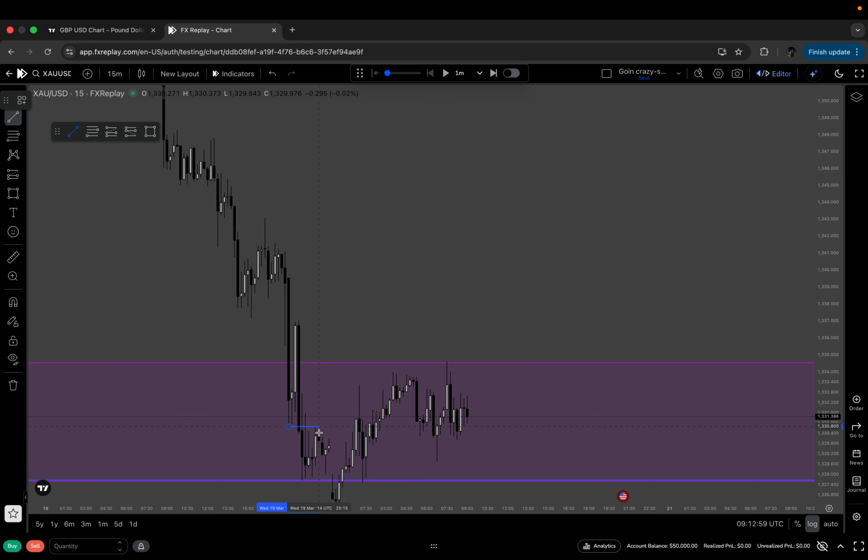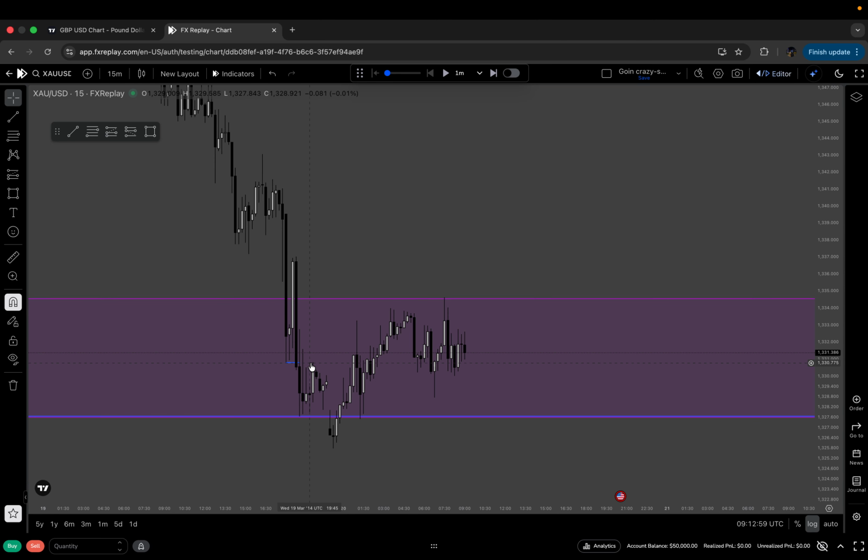And yeah, we can consider this a break. But honestly, it doesn't really matter. If we end up breaking to the upside, right? Doesn't really matter because now we're in the retracement range.